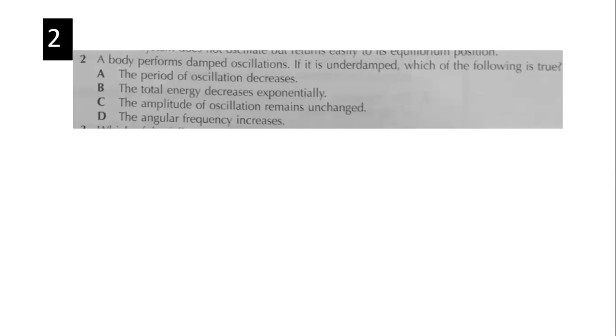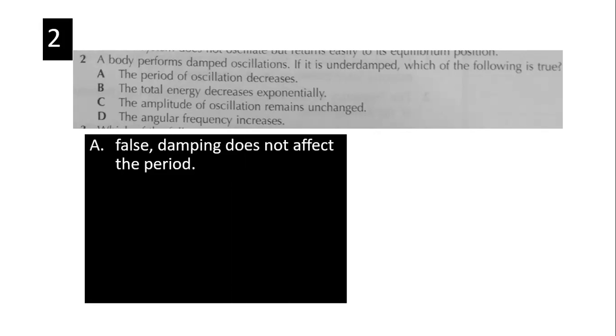Number 2. A body performs damped oscillation if it is underdamped. Which of the following is true? Underdamped, or light damping. Period changes?